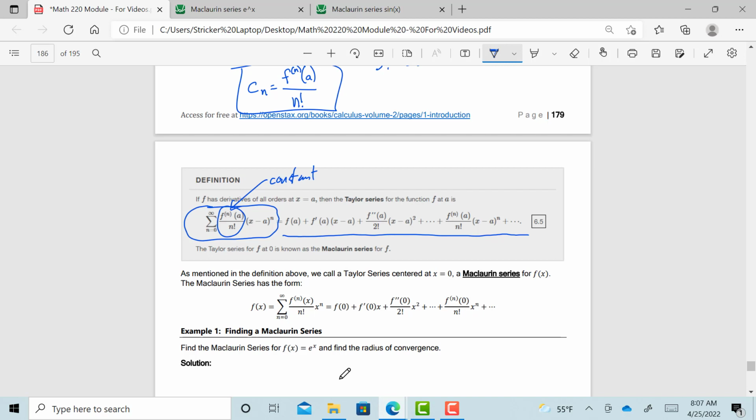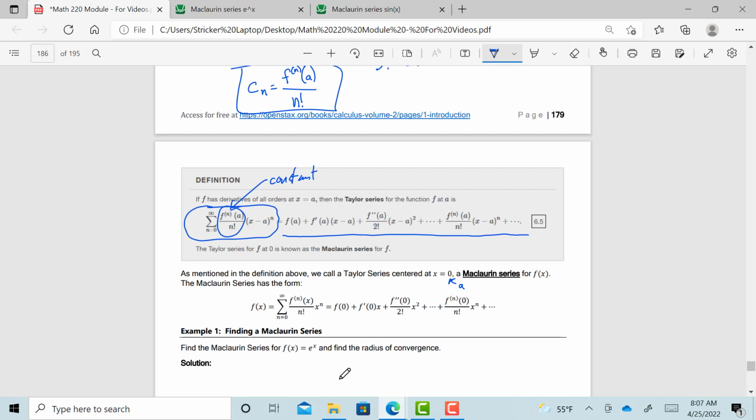Now the Maclaurin series says, okay, let's take our Taylor series that can be centered at any value x equals a, and let's center it at x equals 0. So that means that our value of a is 0. And when we do that, if a is 0, then instead of x minus a, it just becomes x.